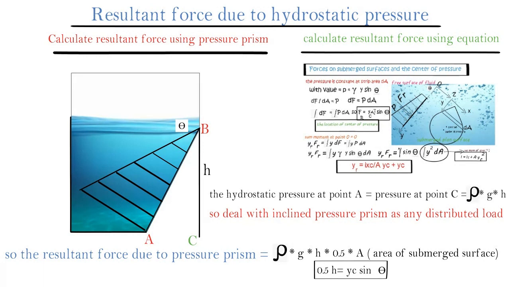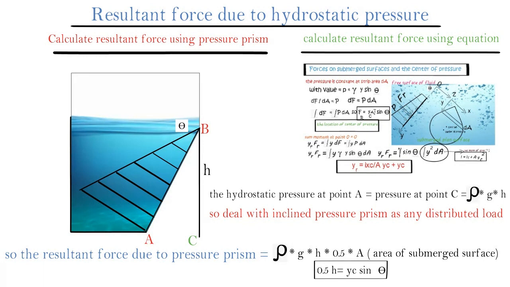To equate this equation to the general equation in the second method, you can say half h equals yc, which is the inclined distance from the free surface to the centroid of the submerged surface, times sine theta.